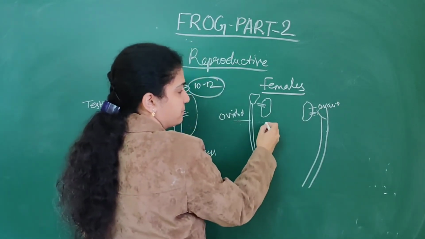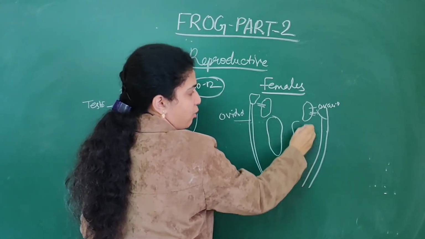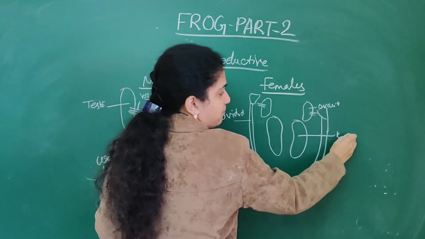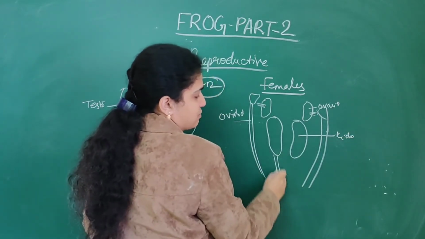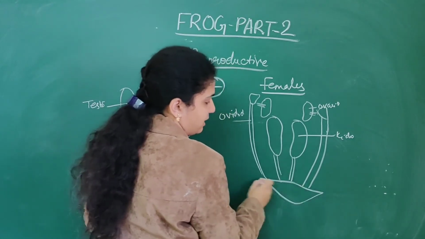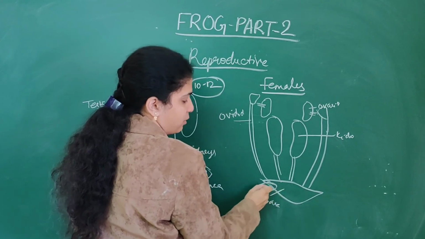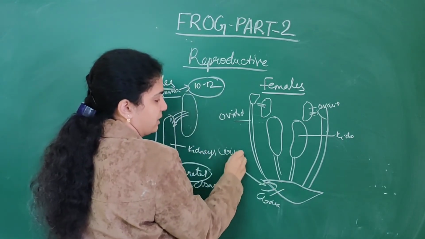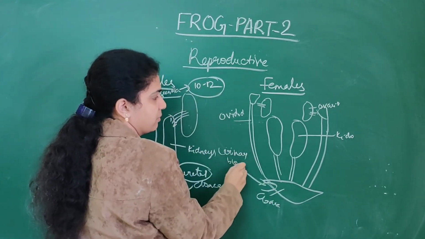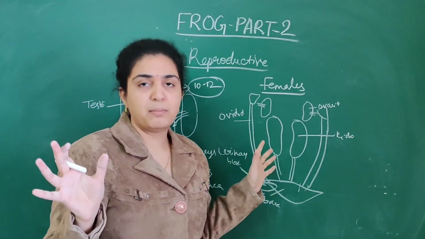Here, they will not have contact with the kidneys, okay? Kidneys will open out through ureter. See, everything will open into finally cloaca only. Urinary bladder also will open. These will open.